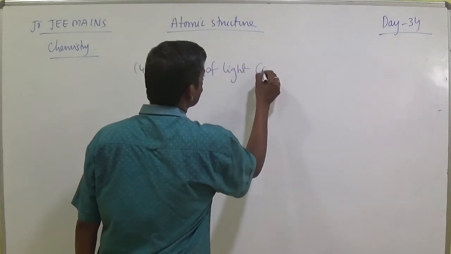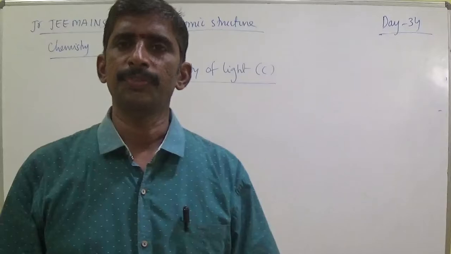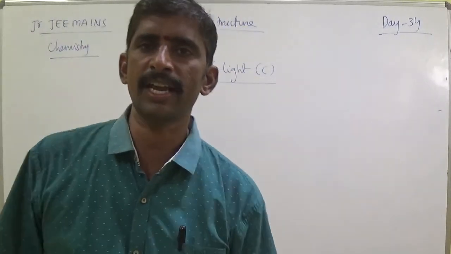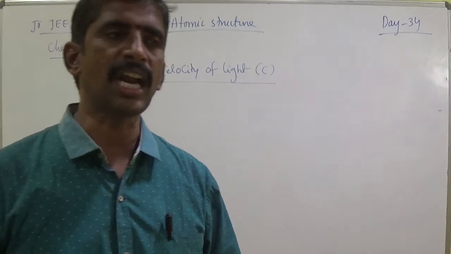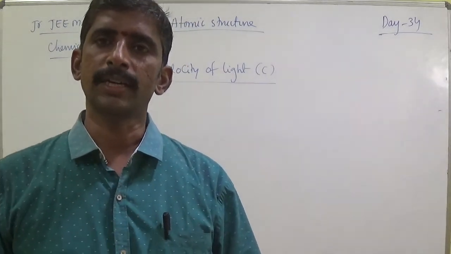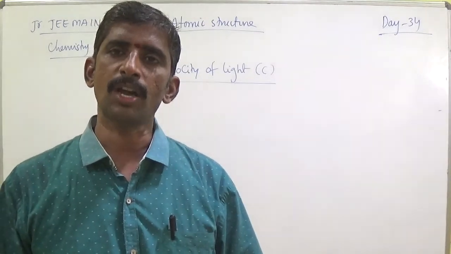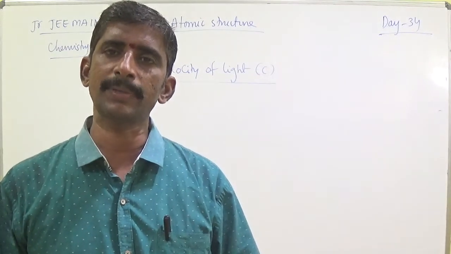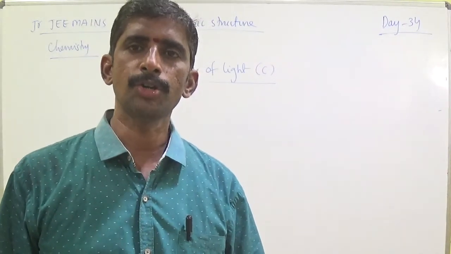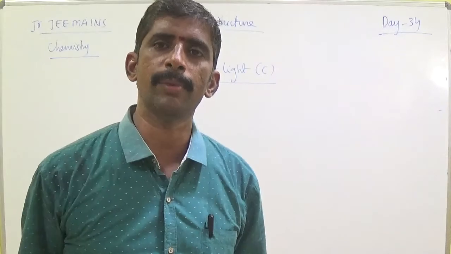It is denoted by the symbol C. The distance travelled by a wave per 1 second is known as velocity of light. Its units are 3 into 10 to the power 10 centimeter per second or 3 into 10 to the power 8 meter per second.